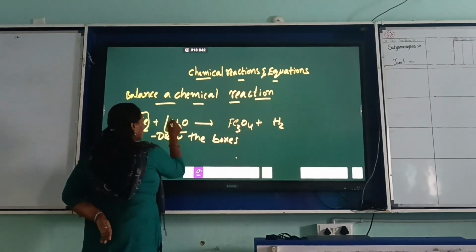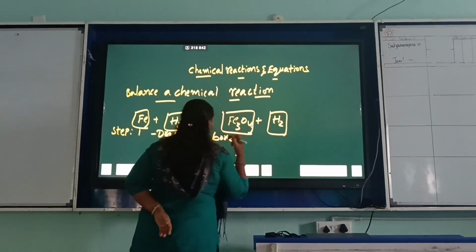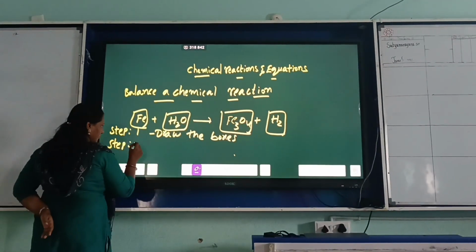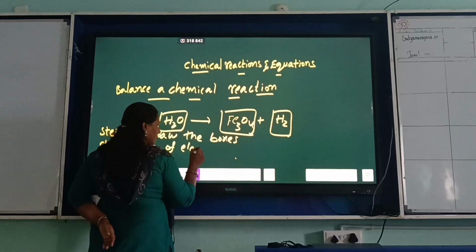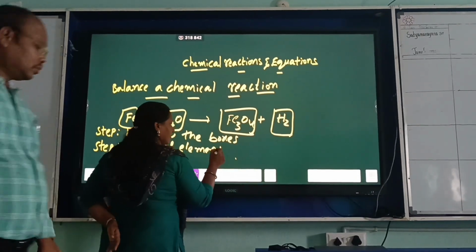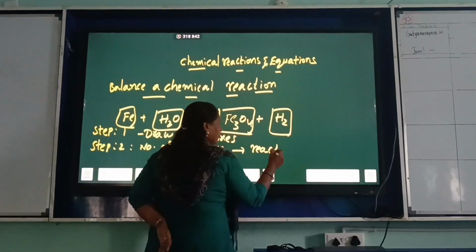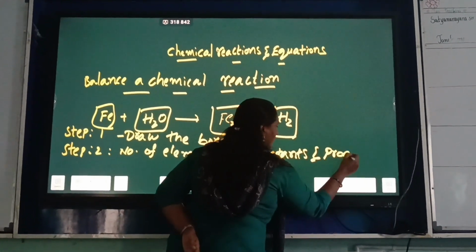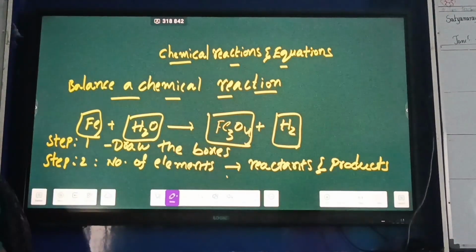Step 3: find the element with the maximum number, either in products or reactants, and balance it first. Here we have Fe, H and O. Oxygen is the most, with four oxygens, so we balance oxygen first, then hydrogen, and then iron.